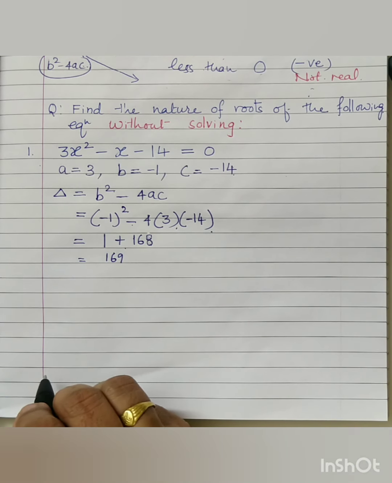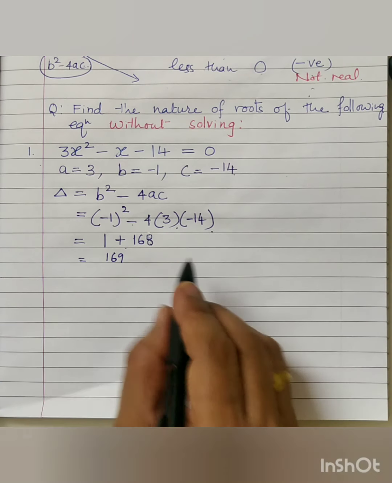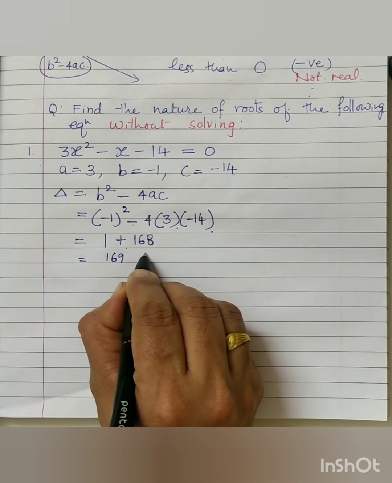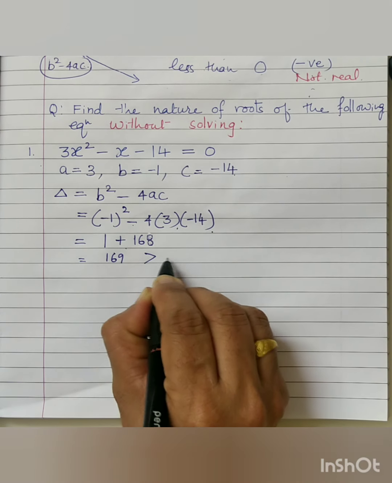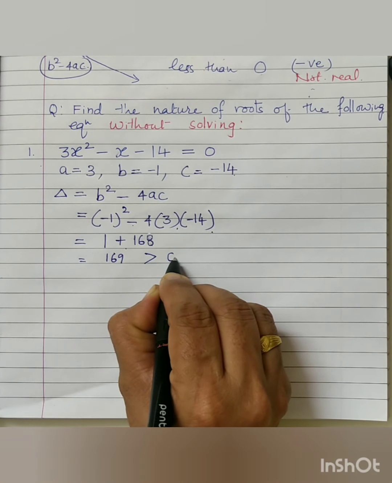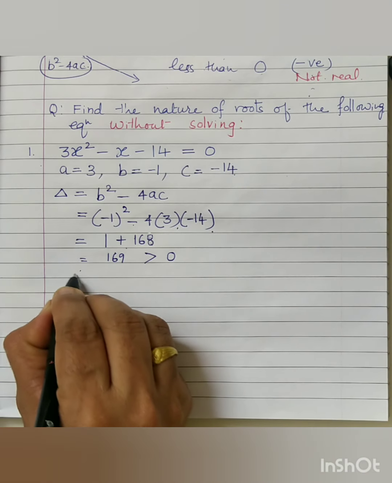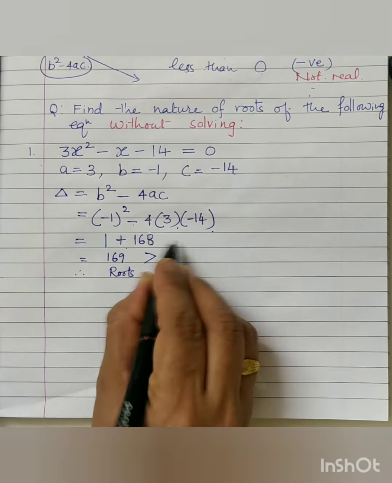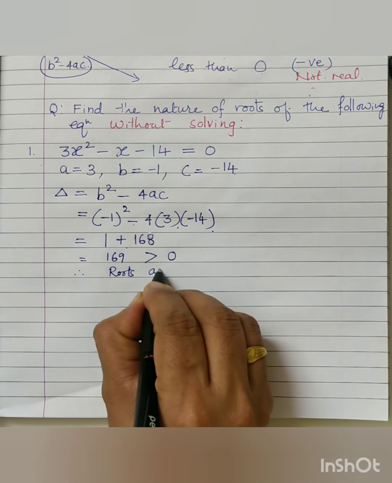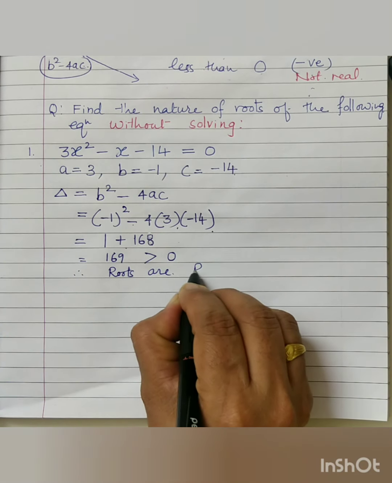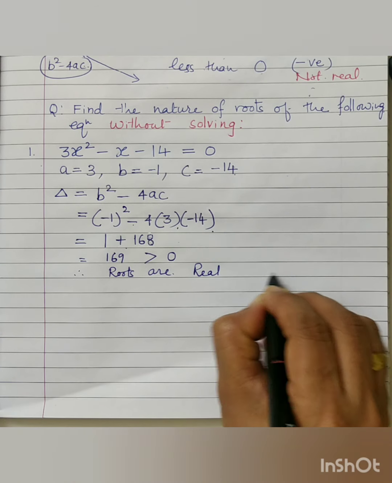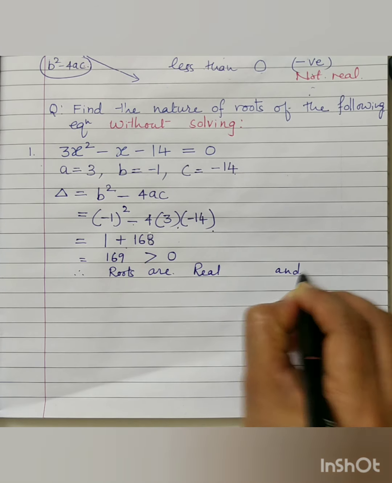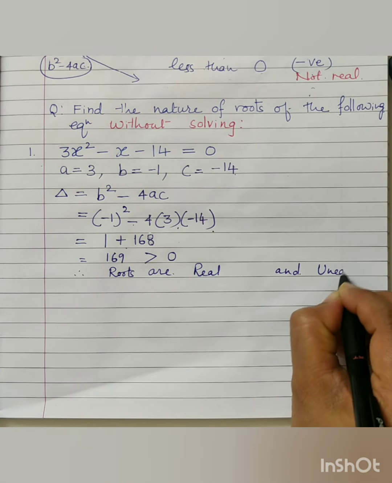So what is our first observation here? First observation is 169 is greater than 0. Therefore, delta is greater than 0, so roots are real and unequal.